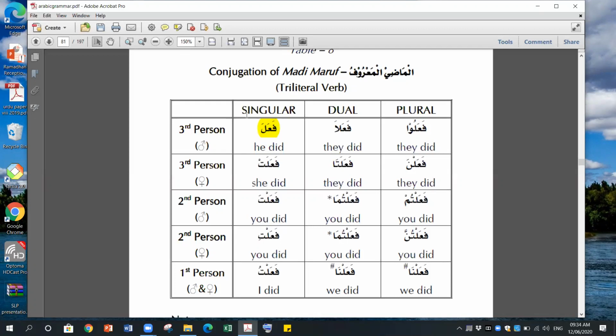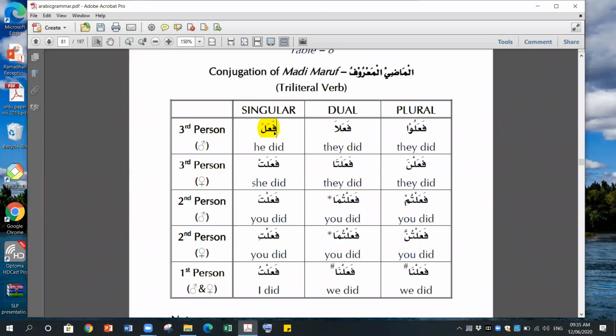The very first word of past tense would be third person masculine singular. This will be pure, those three letters only, nothing else, and that he concept will be inside.